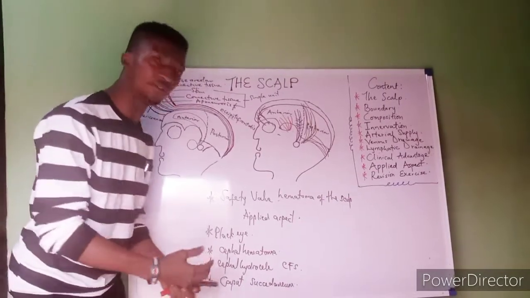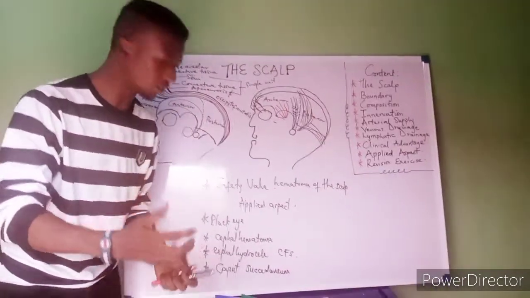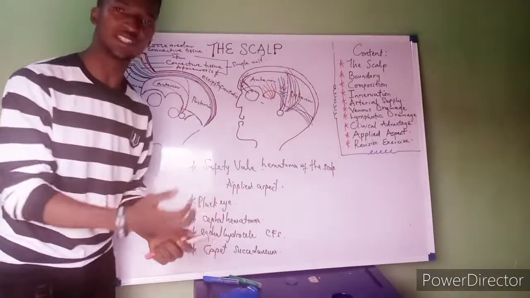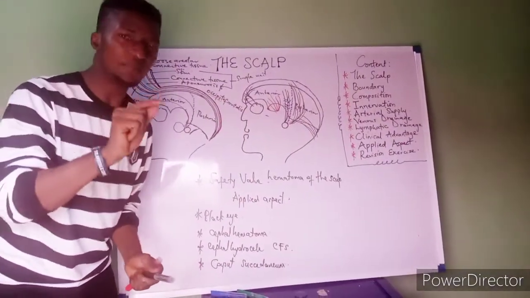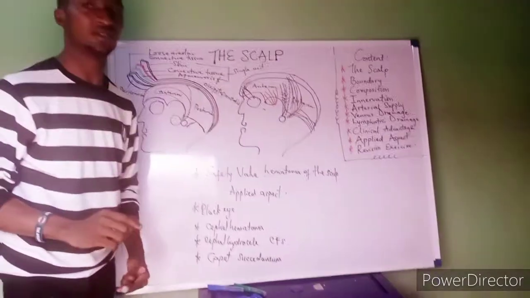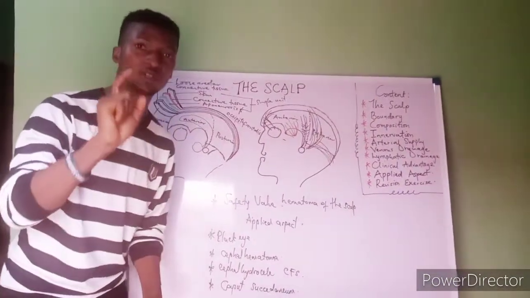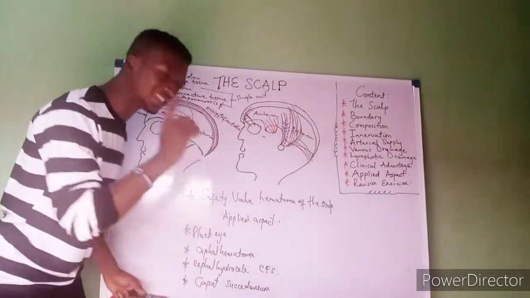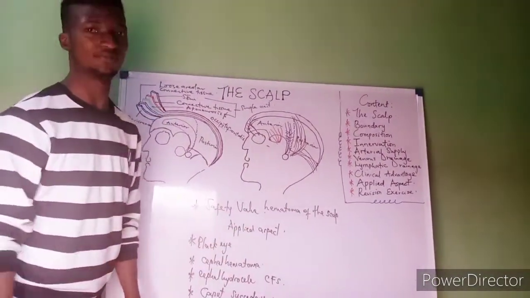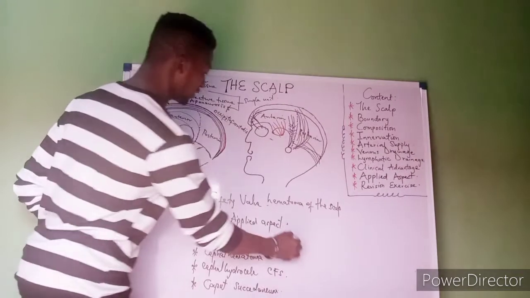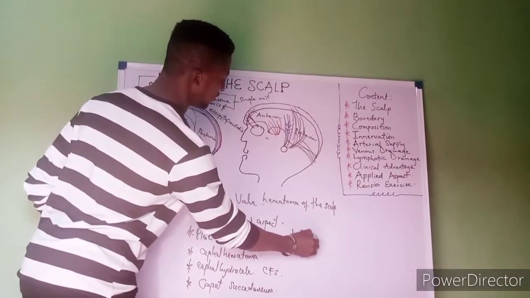It causes caput succedaneum. This swelling usually disappears within 24 hours. So if it does not disappear within 24 hours, it is significantly a what? Cephal hematoma.